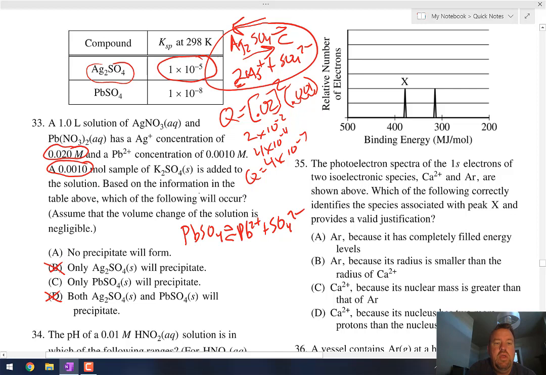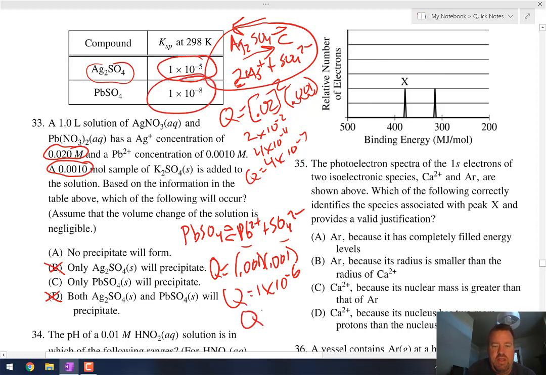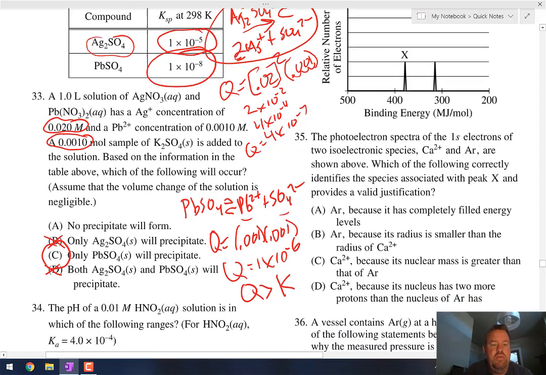And so it's a 1-to-1 ratio, so Q in that case is going to equal 0.001 times 0.001, which is 1 times 10 to the minus third, which becomes 1 times 10 to the minus sixth. And here the Ksp value is 1 times 10 to the minus eighth, so Q is greater than K. So that means only PbSO4 will precipitate, which is C.